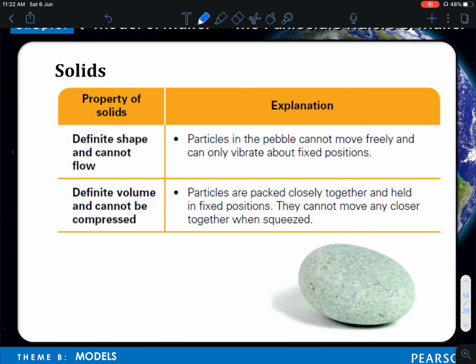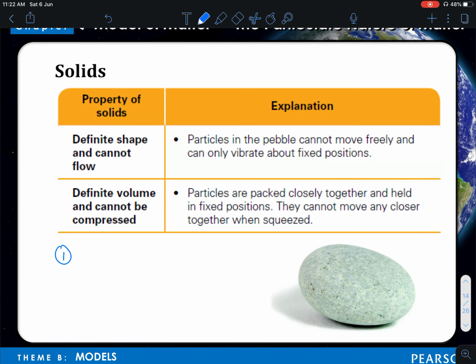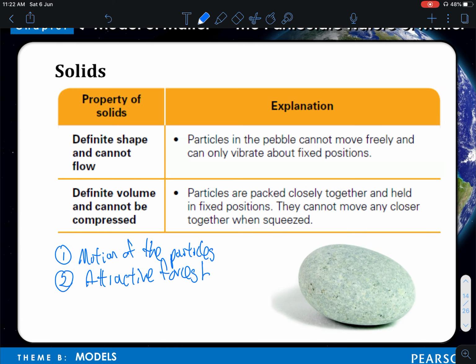So what is then the explanation? Having a definite shape and cannot flow, the particles are only able to vibrate about their fixed position. So in other words, whenever we want to explain a particular physical property, we tend to look at four main parts. Number one, the motion of the particles. Number two, the attractive forces between the particles.